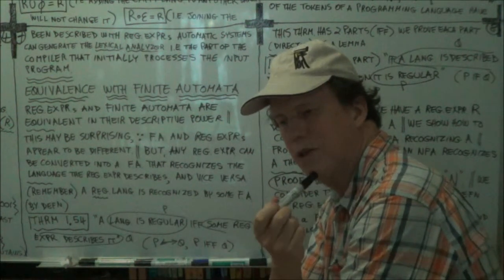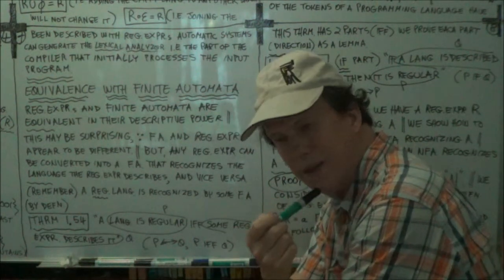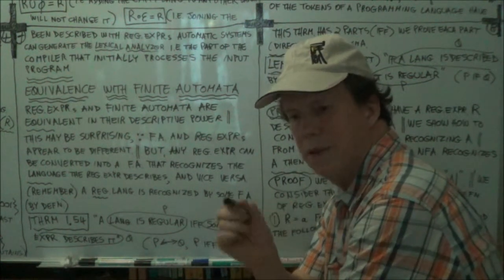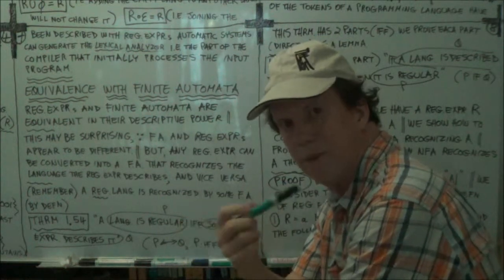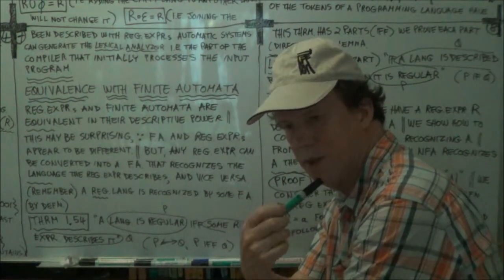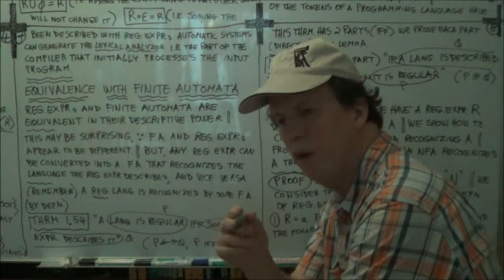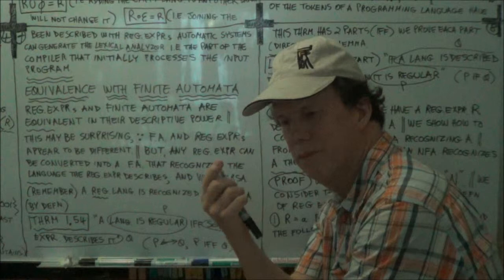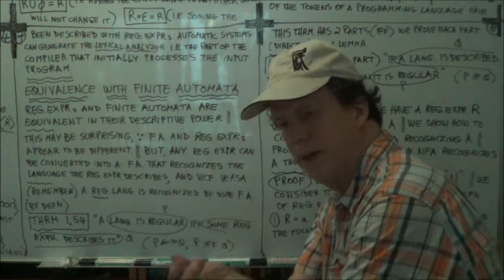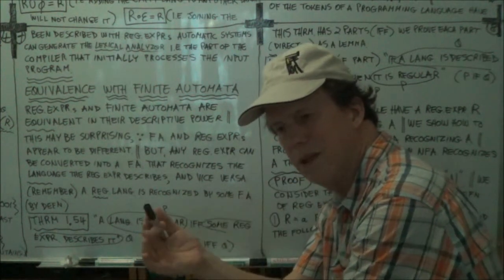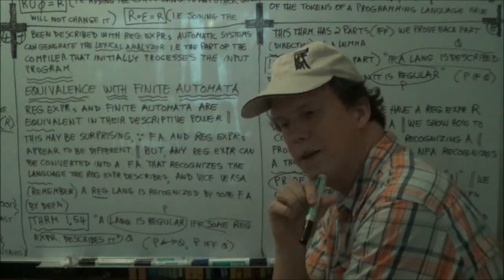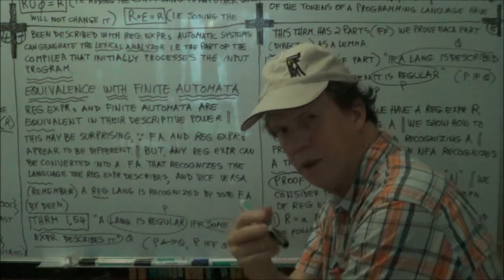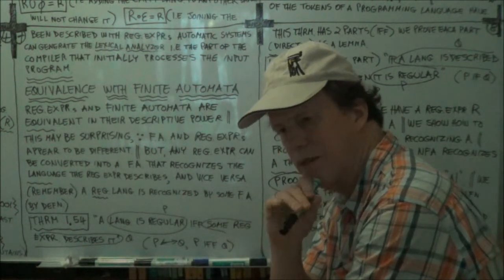Now, a regular expression, what's that? Well, it's a description of a language, ultimately. How do you make a regular expression? Well, you take regular languages and you operate on them with regular operators like union, concatenation, star, and the result is another language. So that regular expression you can evaluate, and you'll end up with a language, a set of strings.